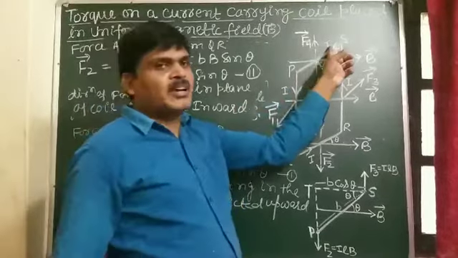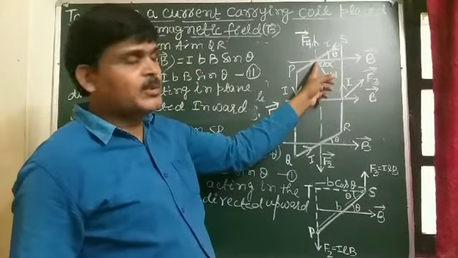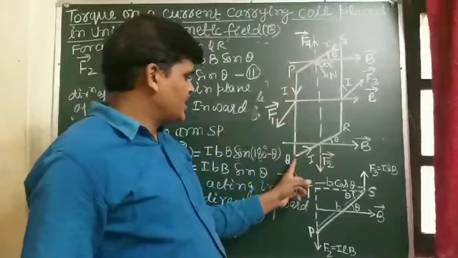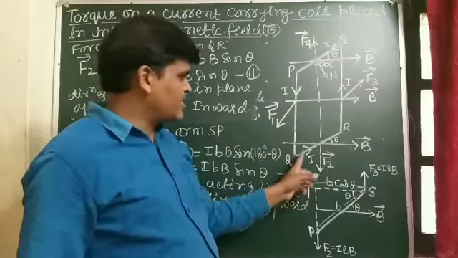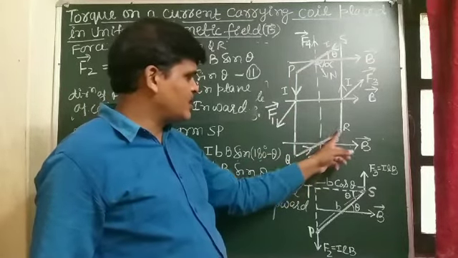Here direction of magnetic pole in the plane of paper directed upward, and direction of force on arm QR.